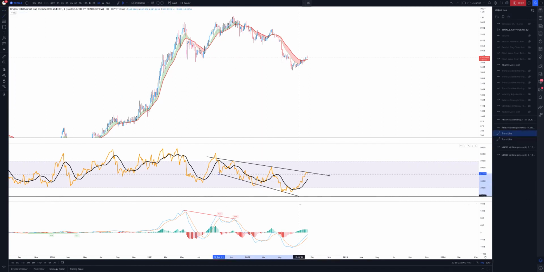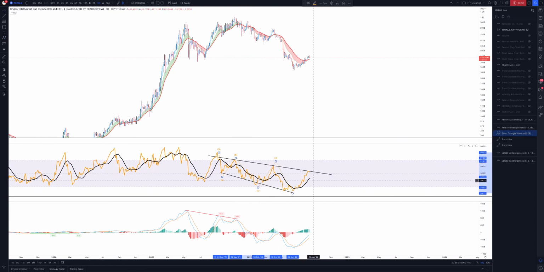And if we were to think of this as a broadening wedge, if we're bullish, we can say that's our A, B, C, D, E, and therefore this could be anywhere. This can pull back anywhere before it goes up, or it can go all the way back down again.